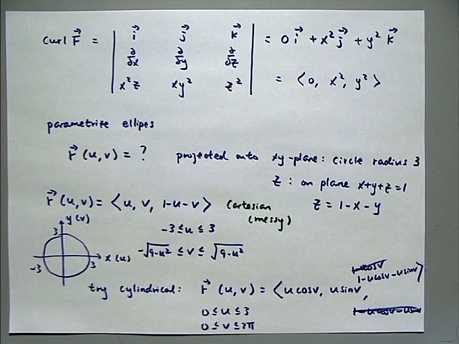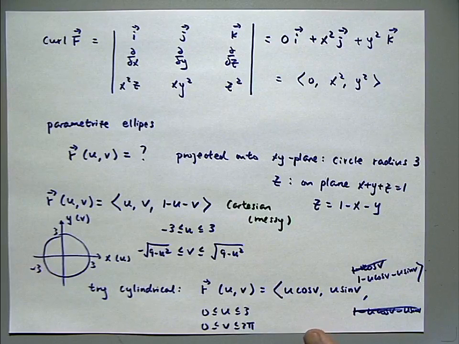Let's go back to our curl. We found out that the curl was, in Cartesian, 0, x squared, y squared. Now we're going to go back to the surface that we parameterized here.